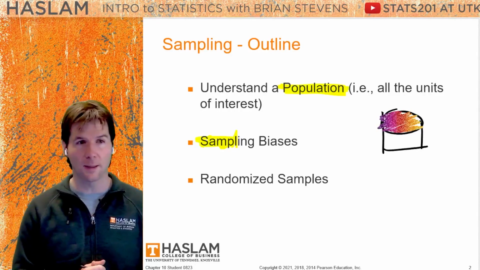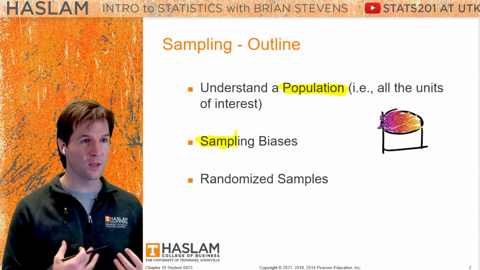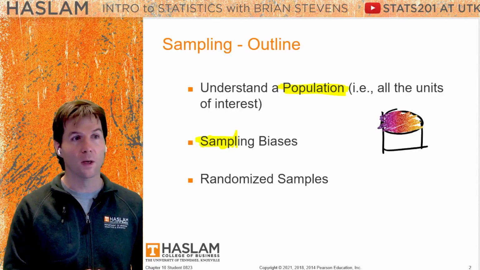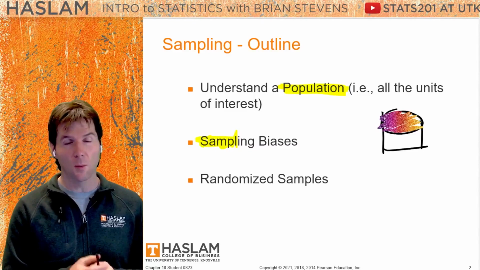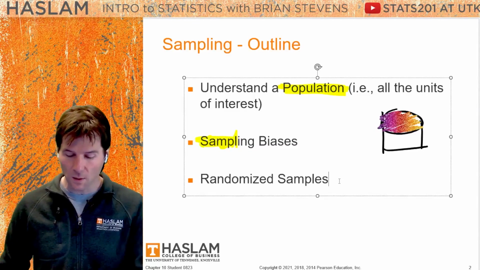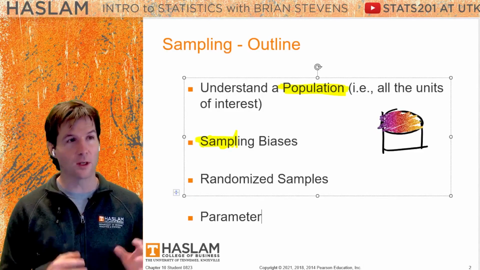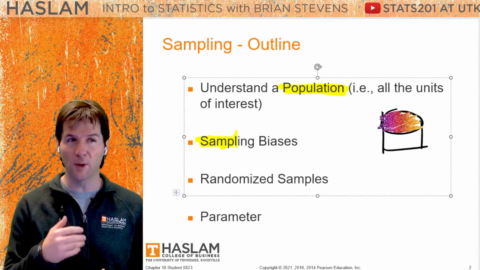We can do this a lot of times by randomizing our samples, and we'll go over a lot of methods here on how to do random samples. So if we take an unbiased random sample, we should have an understanding of the parameter of interest. Now, what is a parameter? The parameter is the thing we want to understand. So if you want to understand how good the cake truly is, that is the parameter of interest.